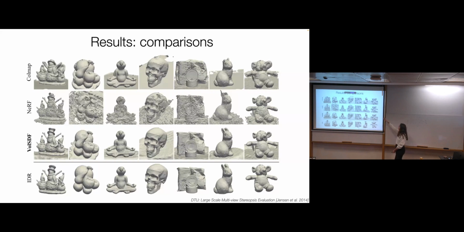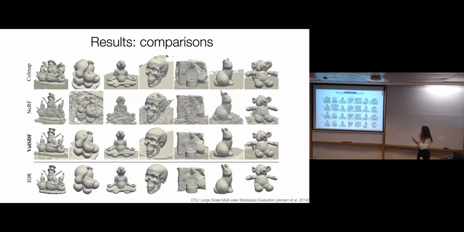Compared to NeRF, you see that the geometry is really noisy. And compared to COLMAP, the classic method, you can still see some missing parts and maybe some artifacts and noise.